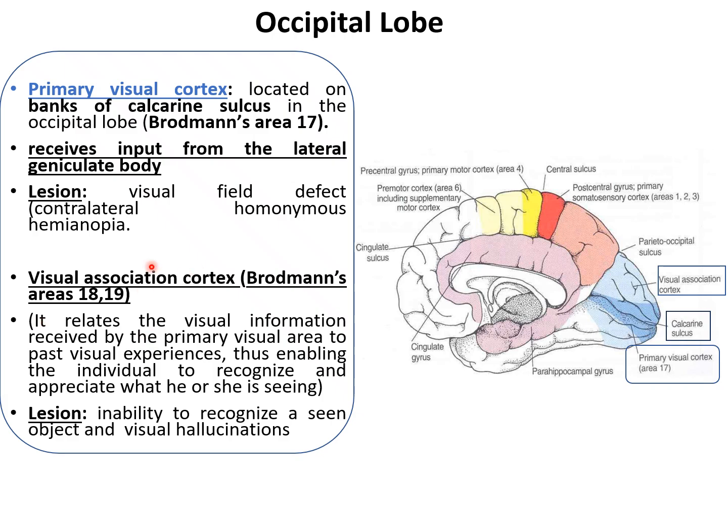Damage to this area results in contralateral homonymous hemianopia. Around it, areas 18 and 19 are called the visual association area, and they are important to recognize what you see by the primary visual area.